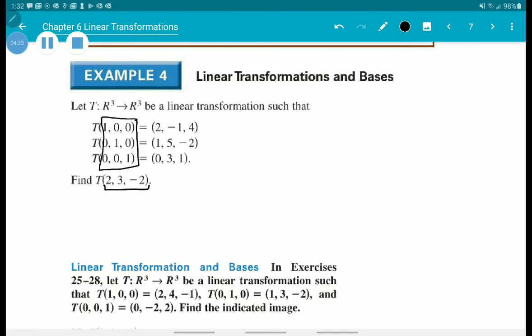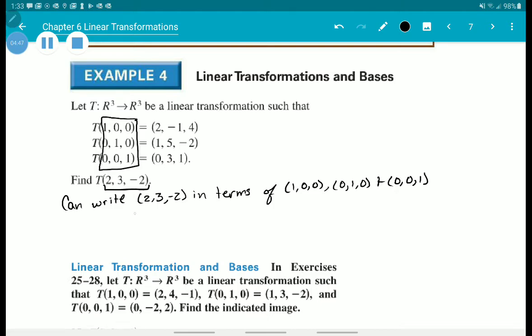That's vector I, J, and then K. And we can do that by looking at a linear combination there.